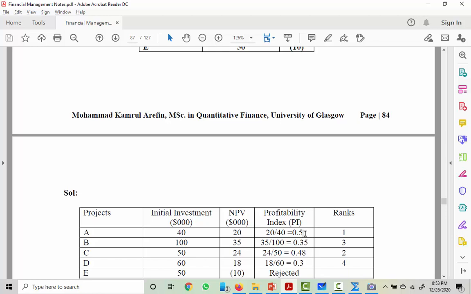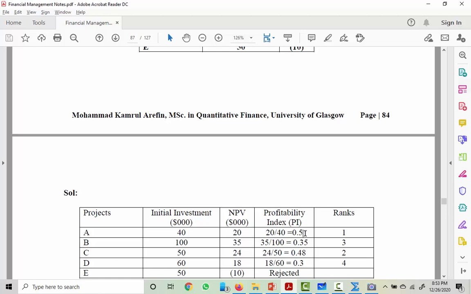So this is the best project, because the PI value for this one is 0.50, whereas the other projects have a lower profitability index. Project A got the highest profitability index value.